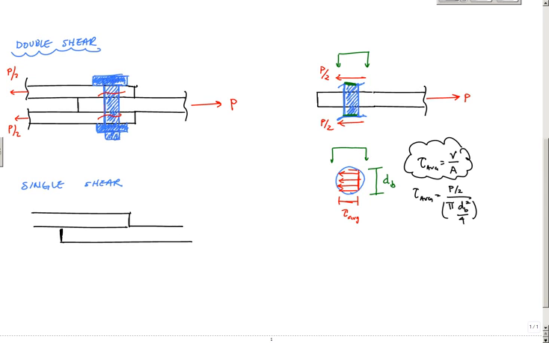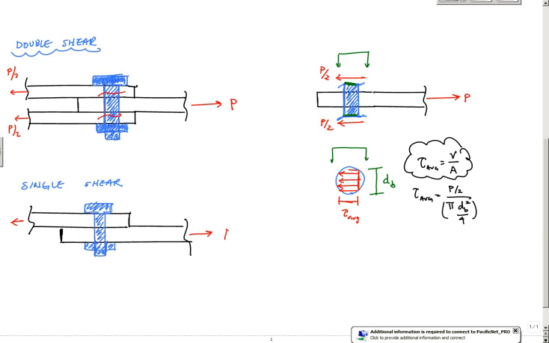So I have two plates and a bolt going through them. Let me draw it using my straight edge, to have nice clean drawings. We'll make the bolt a little bit longer for the nut.